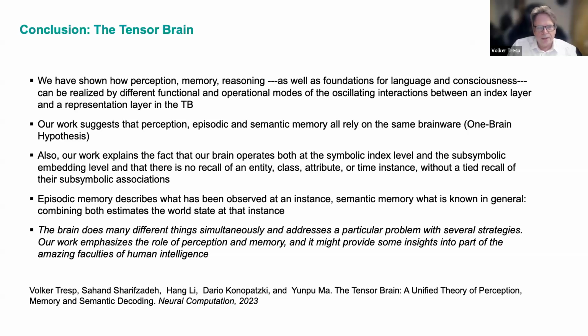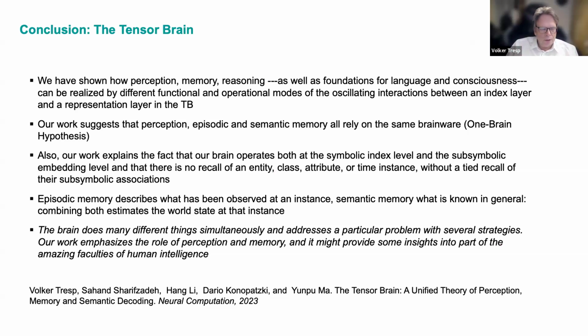So we showed that perception and memory can be formulated in one model, essentially in different operational modes of one model. So they rely on the same brainwave as we're proposing. And there's always an interaction between subsymbolic and symbolic recognition.